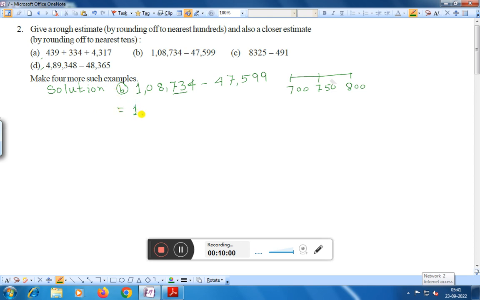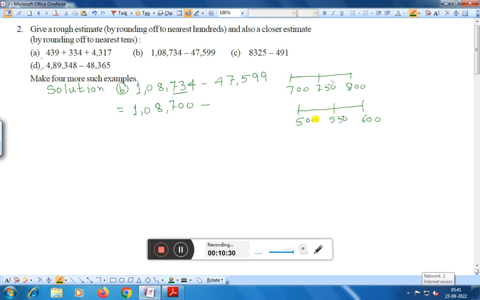108,700 minus 47,599. 599 lies between 500 and 600, and the middle number is 550.